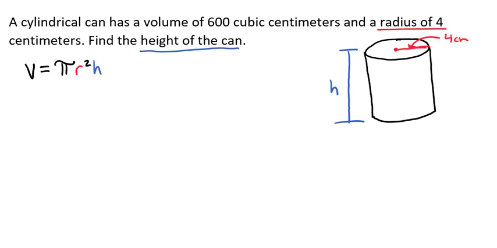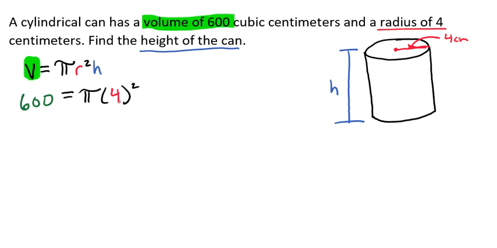Now we happen to know that the volume of our can is 600 cubic centimeters, and so we can plug that in. So 600 equals pi times 4 squared times h. So that's going to give us 600 equals 16 pi times h.